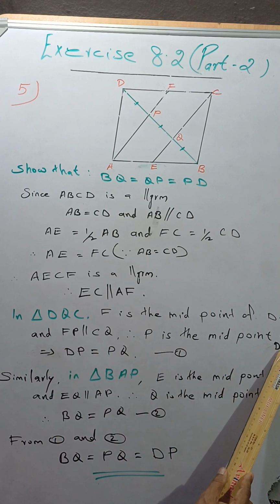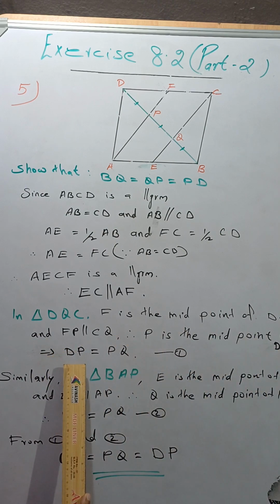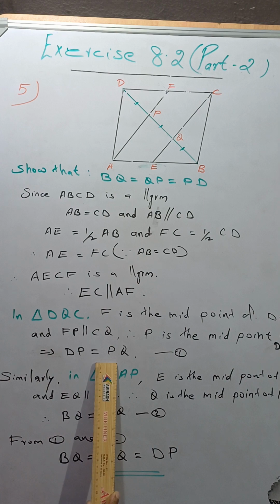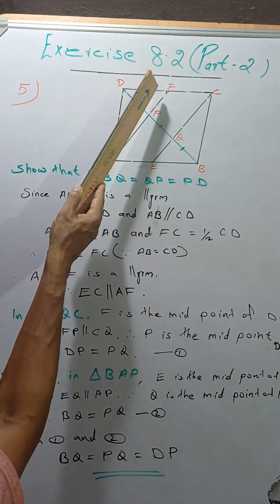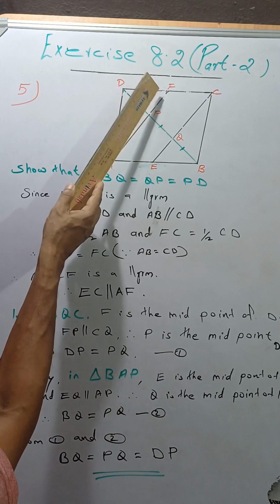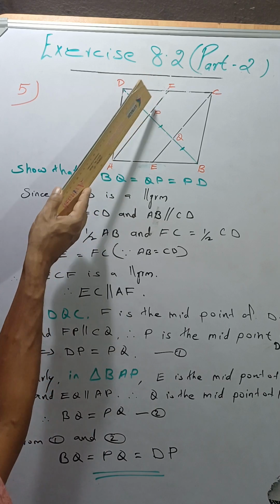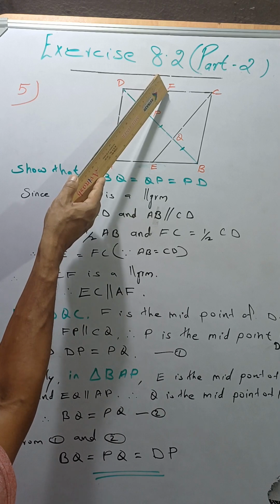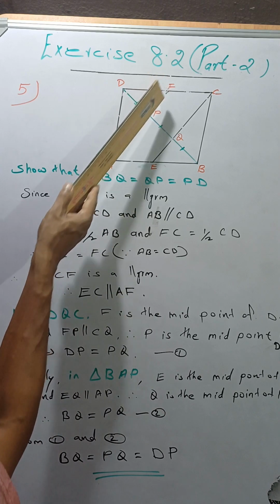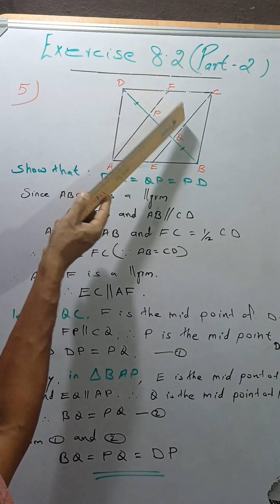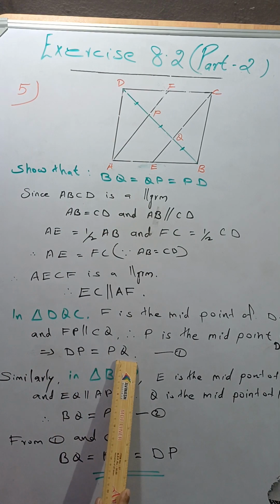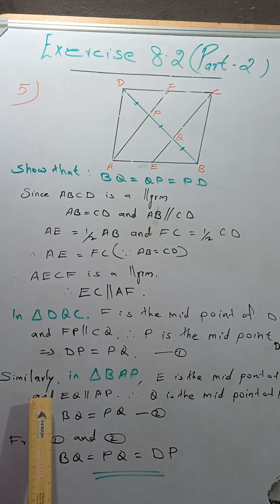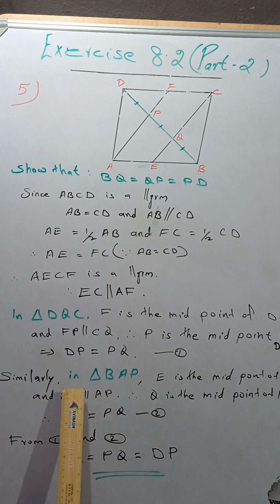P is the midpoint of DQ. Therefore, we will get DP is equal to PQ, by using the midpoint theorem. That is one.